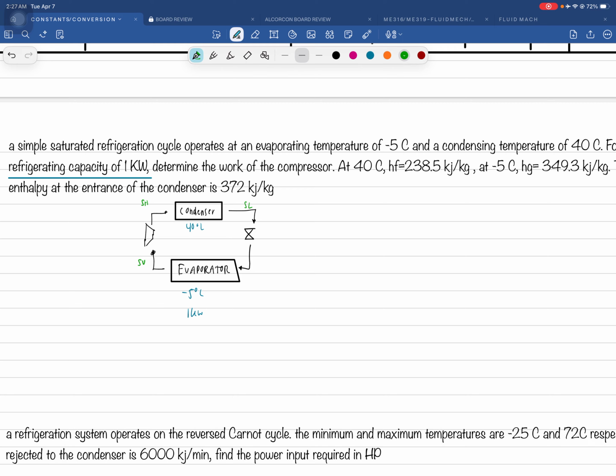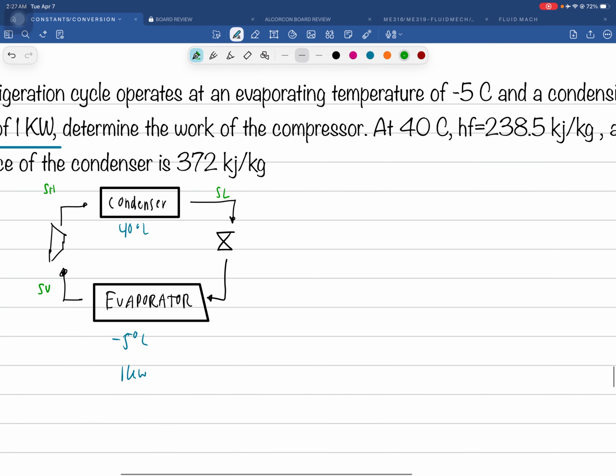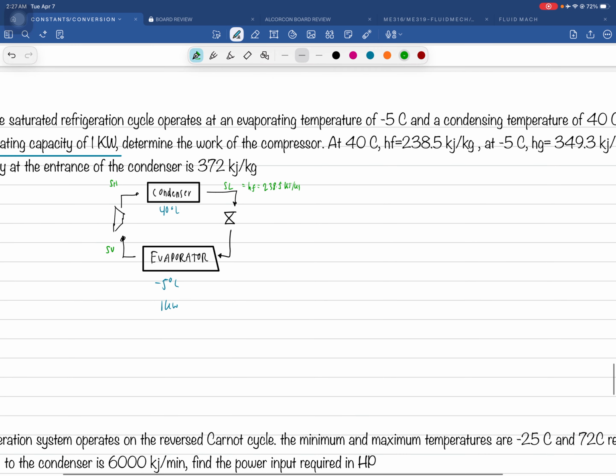So sabi 40 degrees HF here is your saturated liquid, no? SL or HF is what? 238.5 kilojoules per kilogram.